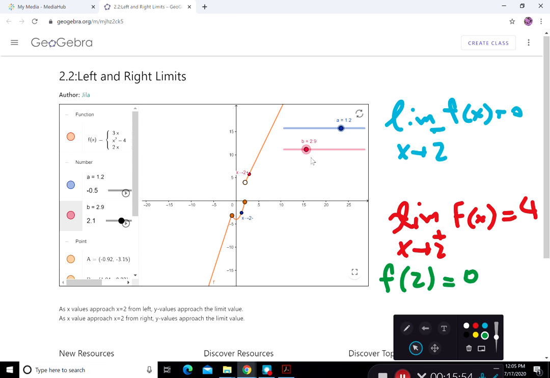So the predictions exist, but the value may not match the prediction. Imagine if the point was traveling on this side and it would end up here, the prediction would match. And at x equal to 1 over here, actually the predictions from both sides match the value of the function.